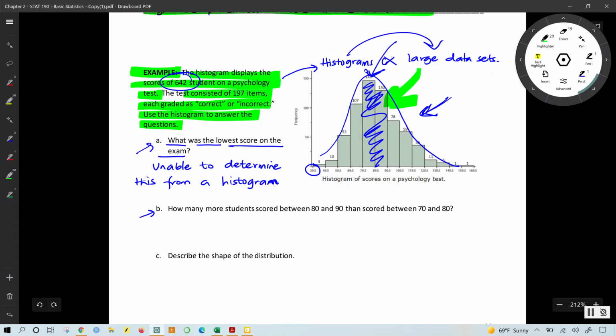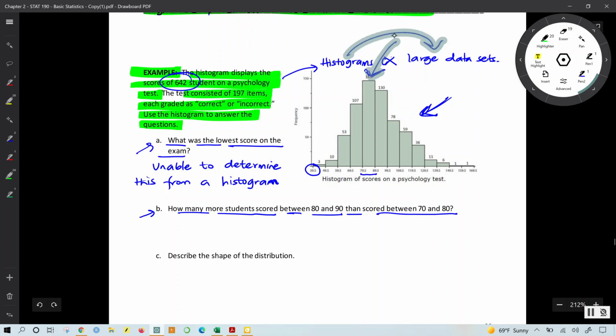Then question B, how many more students scored between 80 and 90 than scored between 70 and 80? That we can answer. Between 80 and 90, thereabouts, that was about 147.